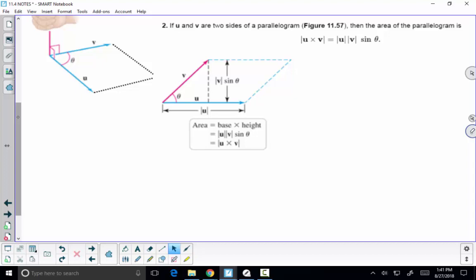The area of a parallelogram is the length of the base, which is the magnitude of u, multiplied by the height. The height between this vector and this vector down there is the length of v times the sine of theta. So the area of this parallelogram is that times that, which we just defined to be the magnitude of the cross product. So the magnitude of the cross product gives us the area of this parallelogram.